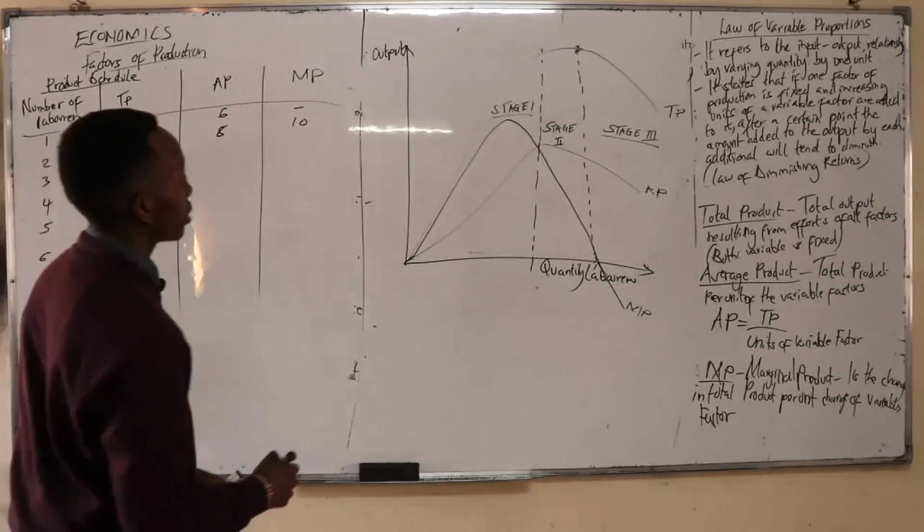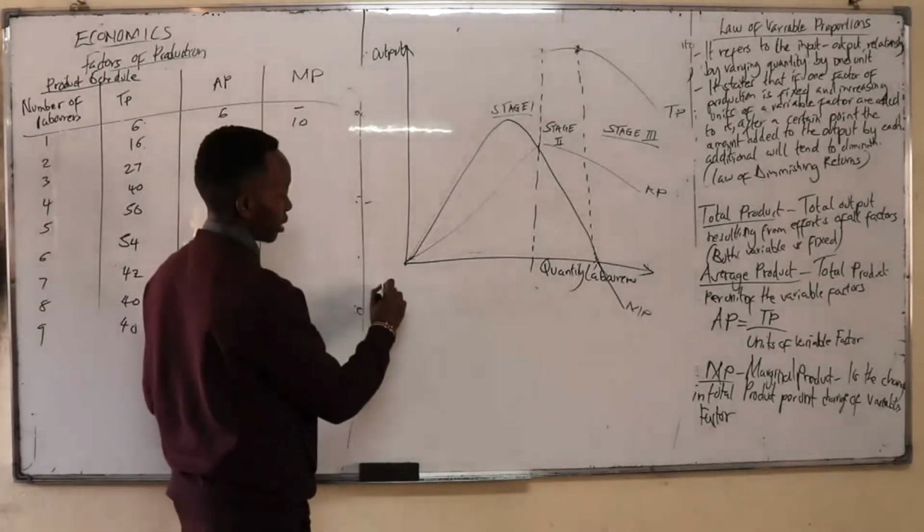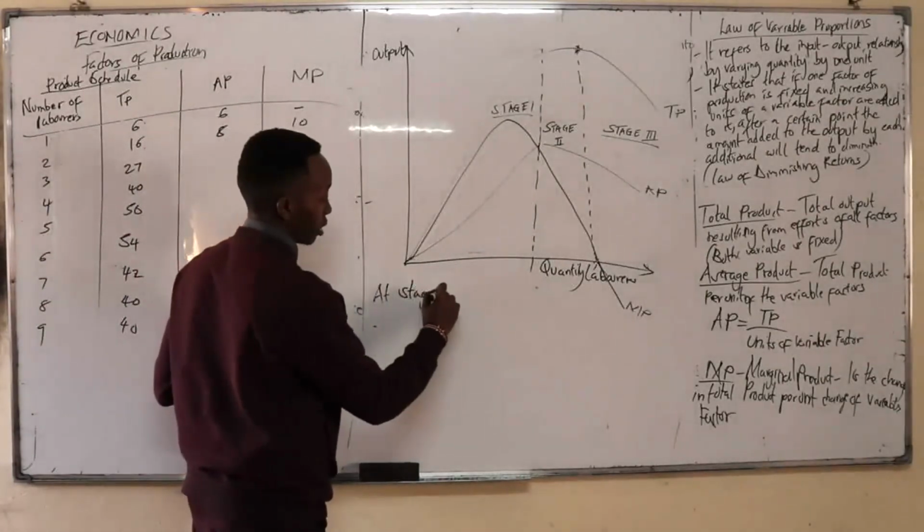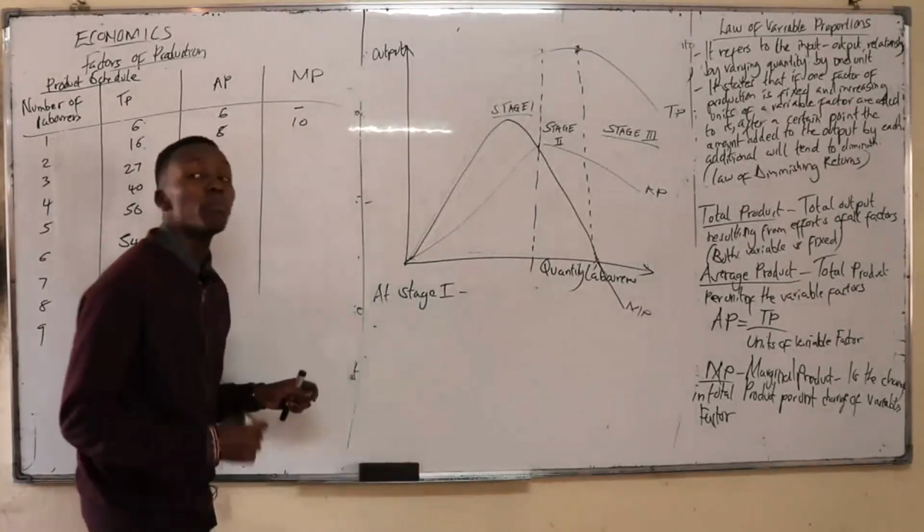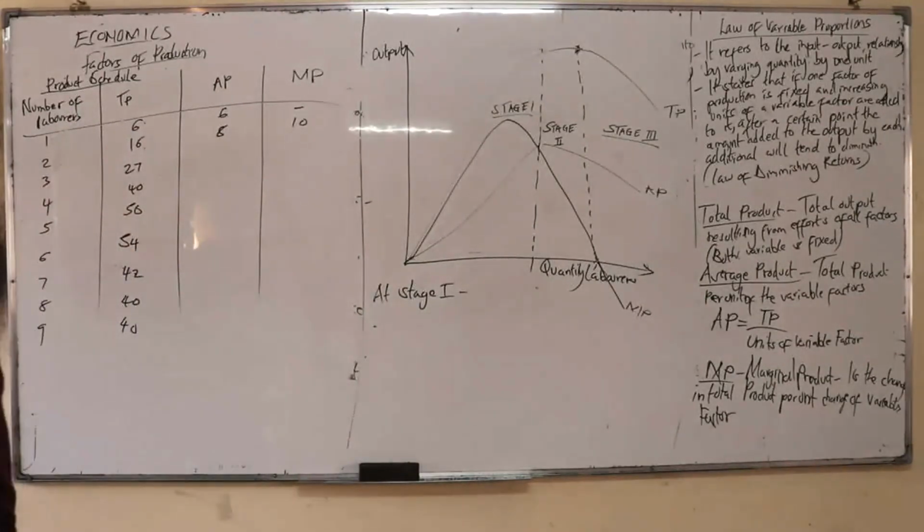So in other words, to simplify this, at stage one the farm will employ more units, because it is possible to produce more.